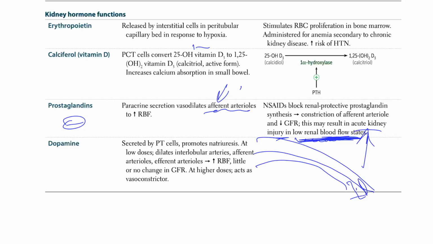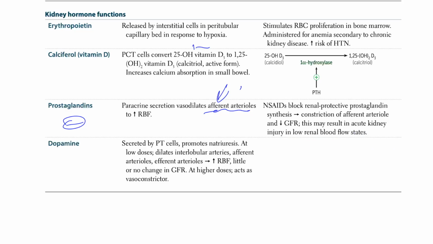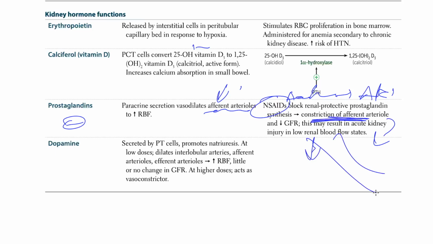The other way to think about this mechanism: NSAIDs, acetaminophen, and aspirin can lead to AKI via constriction of the afferent arteriole, which decreases the blood flow through the kidney and decreases GFR, eventually leading to AKI.